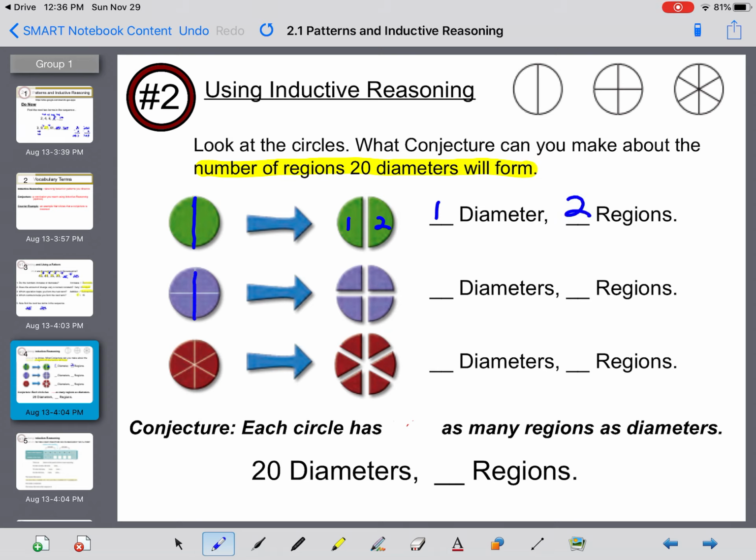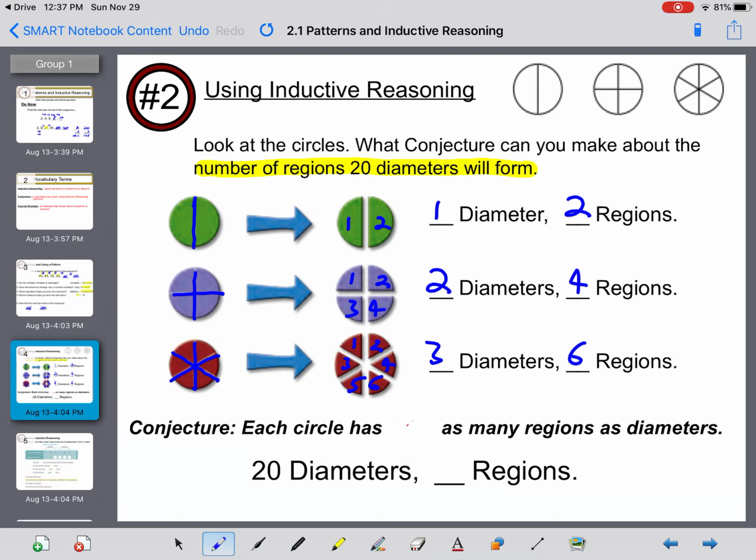Next, we have not one diameter, but 2 diameters, and it makes 4 regions. Here we have 3 diameters, and it makes 6 regions.